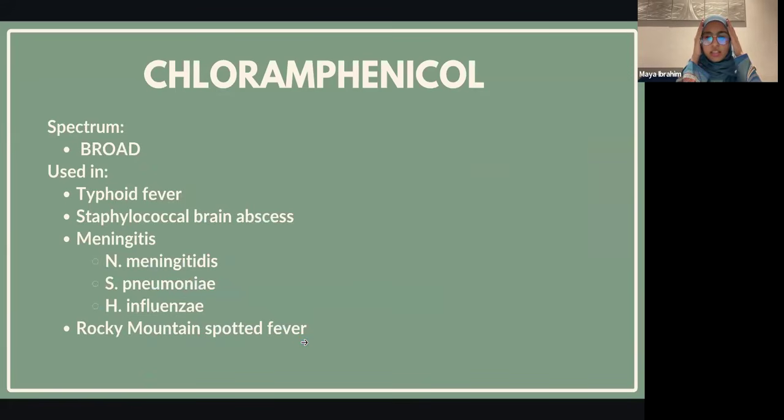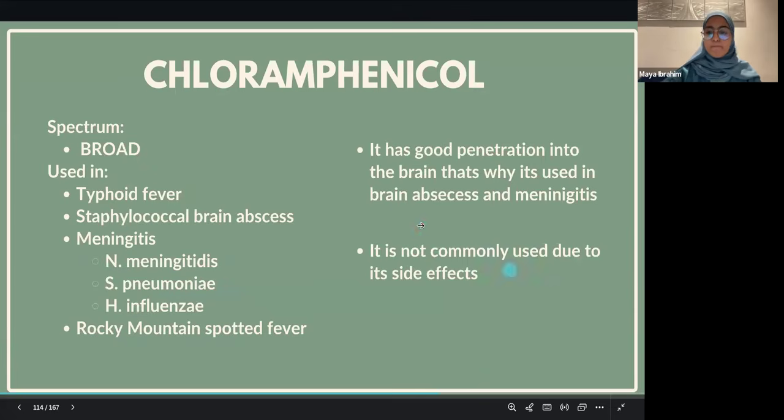I just remember that these are crazy things to use a drug for because meningitis is in the brain, staphylococcal brain abscess is in the brain, typhoid fever and Rocky Mountain spotted fever are both fevers. So you just do this, like they're all in your brain. Anyways, it has good penetration in the brain. That's why it's used in abscess and meningitis, and it's not commonly used due to its side effects, which are major side effects.